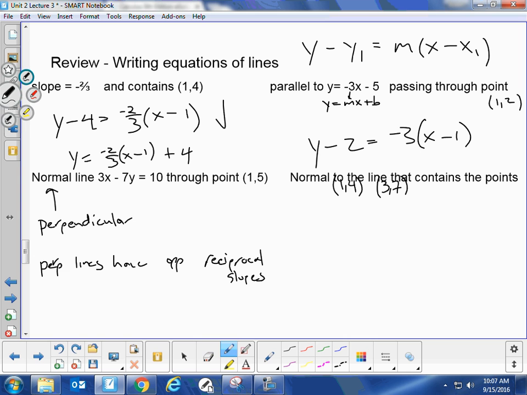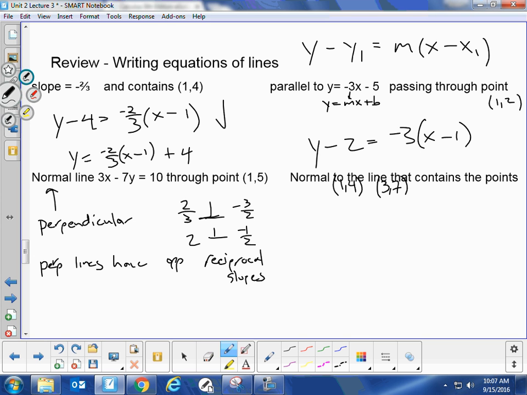So, what do I mean by opposite reciprocal? That means if a slope is 2/3, a perpendicular slope, this is the symbol for perpendicular, would be negative 3/2. If I have a slope of 2, the perpendicular slope would be negative 1/2. If I have a slope of negative 2, the slope that's perpendicular is positive 1/2.